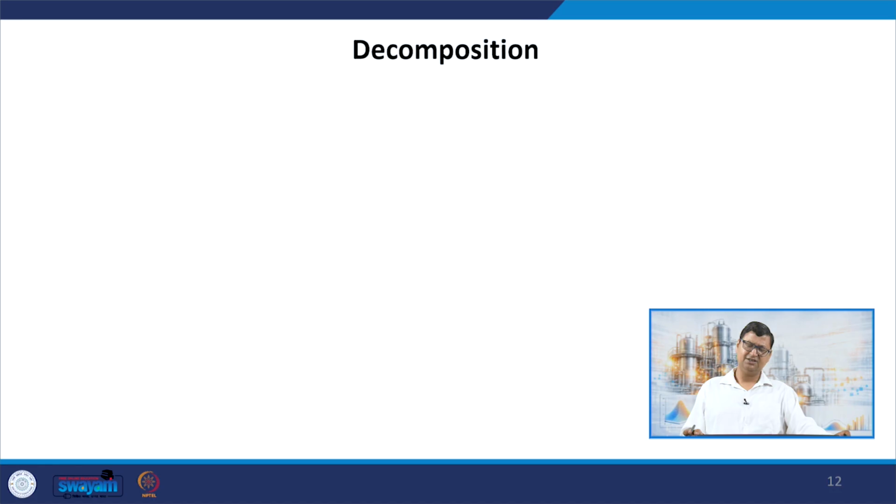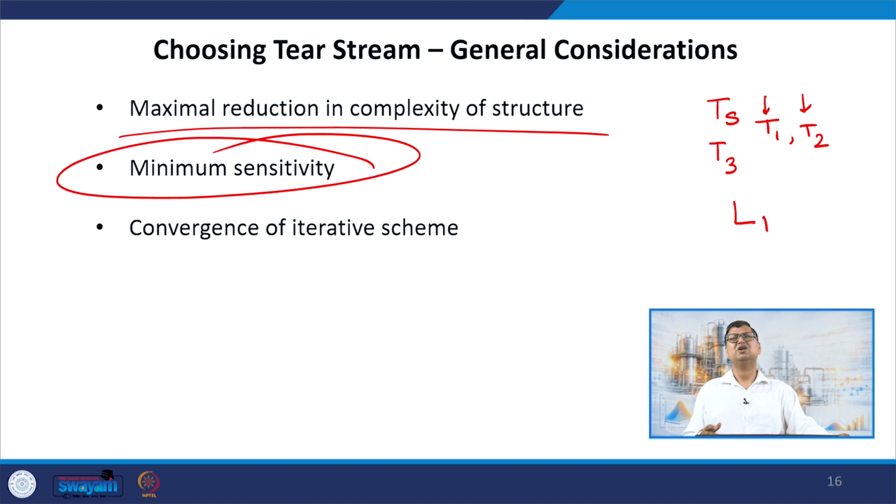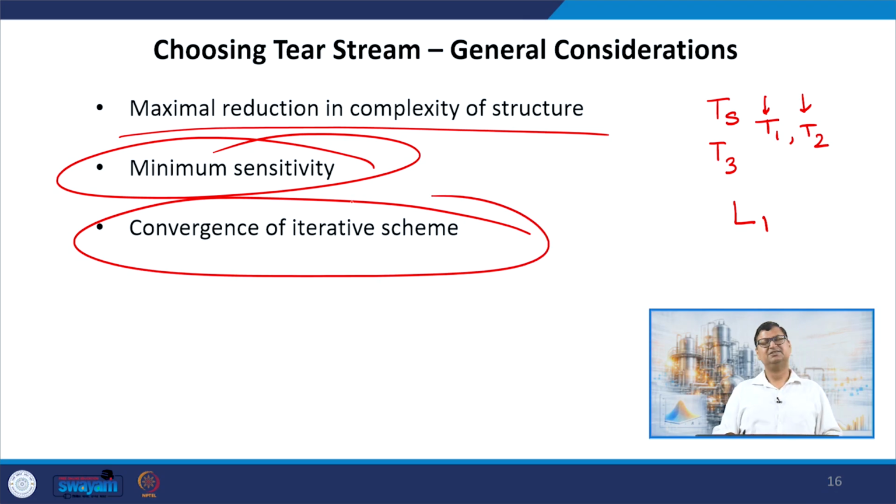So, for T1 and T2, these bounds were there, and therefore, it is seen that probably the sensitivity to temperature is not as high as the sensitivity towards the flow rate L1, although this is quite subjective and we have to see the actual sensitivity by performing simulations. And finally, the requirement is that whatever iterative scheme we come up with, it should show nice convergence.